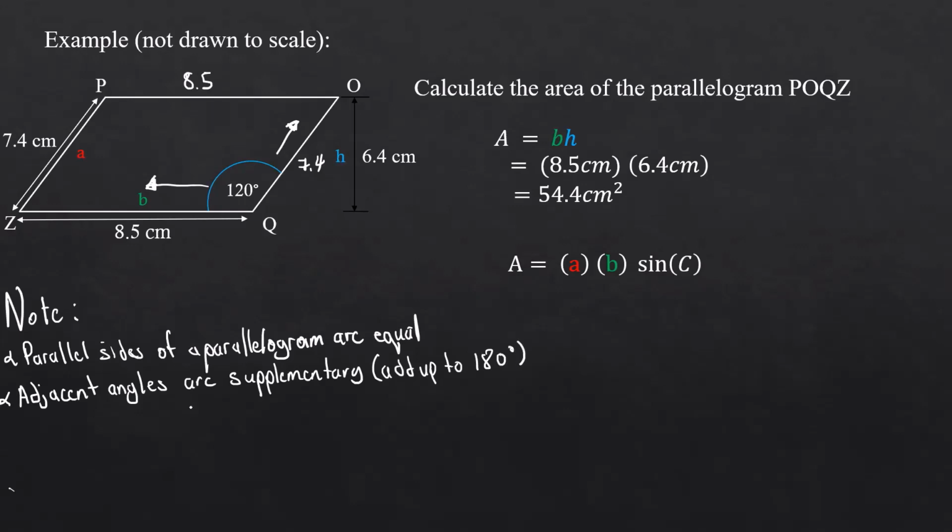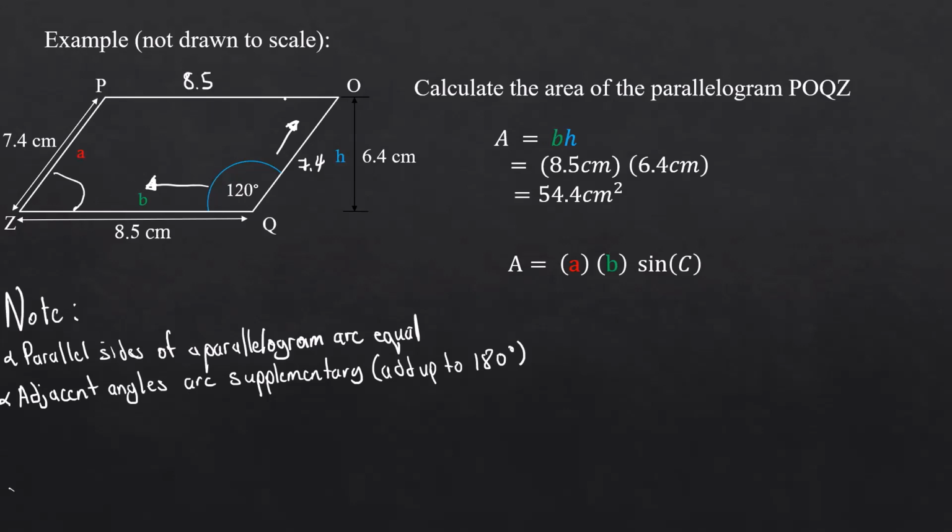These are two things about the parallelogram that you need to remember. Not just that opposite sides are parallel, but that the parallel sides are equal, and also that the adjacent angles are supplementary, meaning that adjacent angles add up to 180. So if we have one angle here, which is 120 degrees, the adjacent angle refers to the angle next to it.